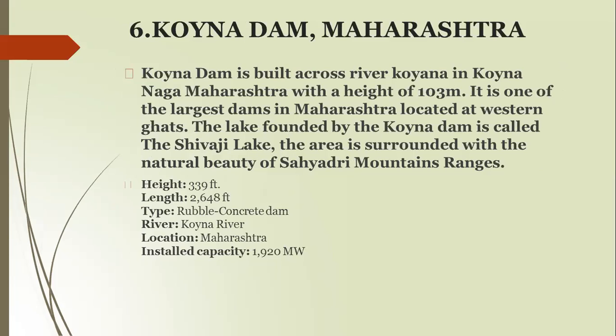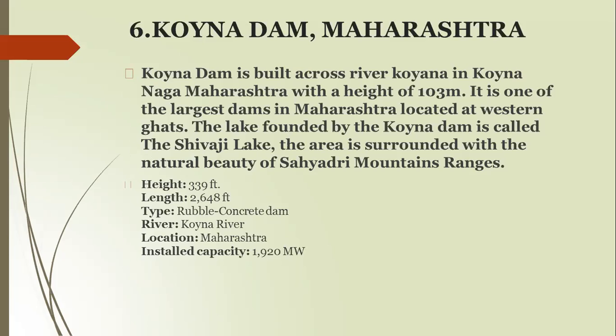Then from Maharashtra, we have the Koyna Dam. So Koyna Dam is built across the river Koyna in Koyna Nagar, Maharashtra. It has a height of 103 meter. So it is one of the largest dams from Maharashtra.